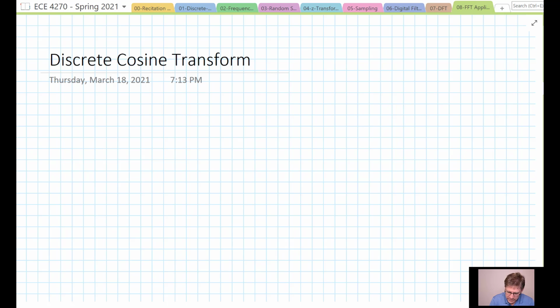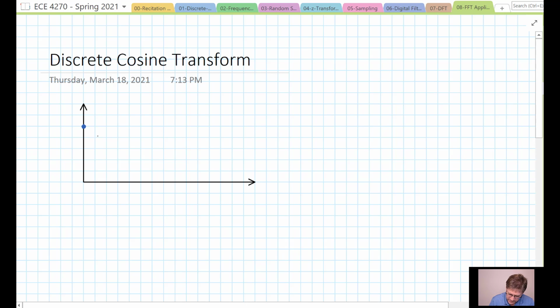And to motivate this, first consider that we have some sequence x of n that looks like this: 1, 2, 3, 4, 5, 6. Go ahead and make it 8 samples long. There we are.